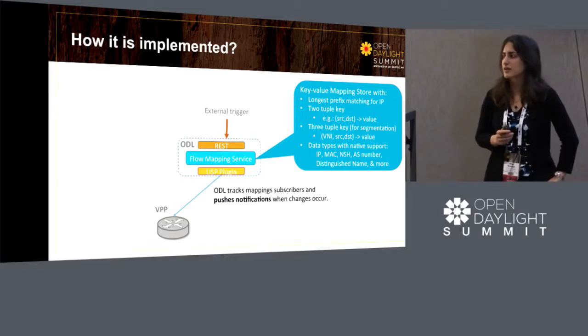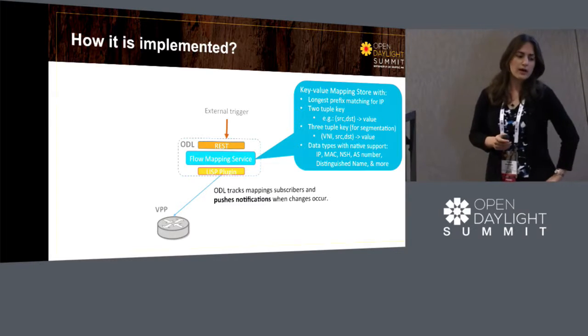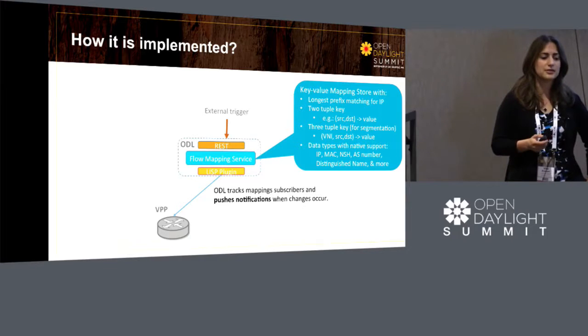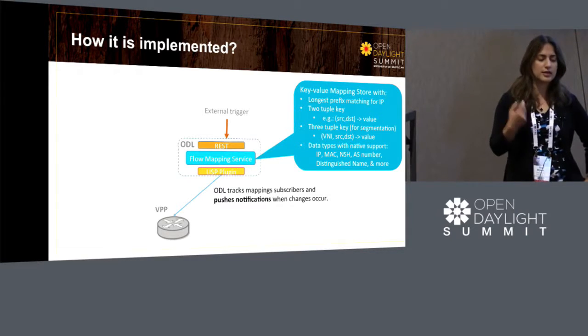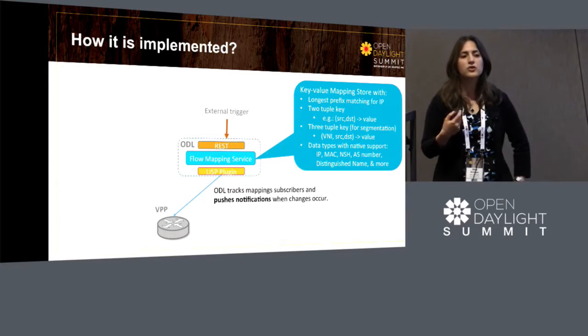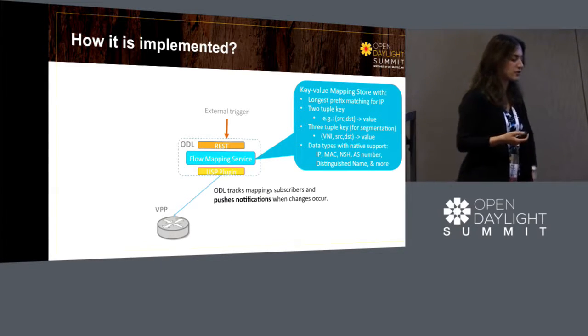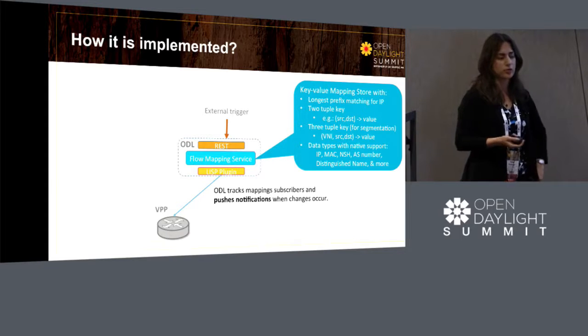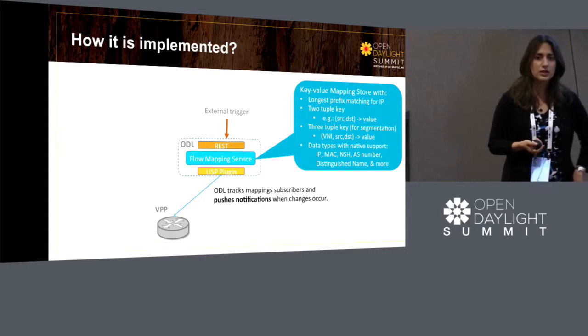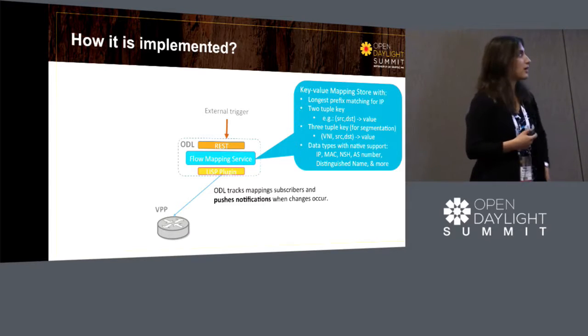So what do we have actually inside this mapping service? At its core, the mapping system is a data store for mappings, where it enables some additional services for specific data types that it supports natively. The most important one of those is longest prefix matching for IP addresses.